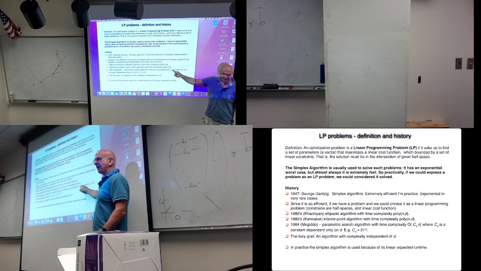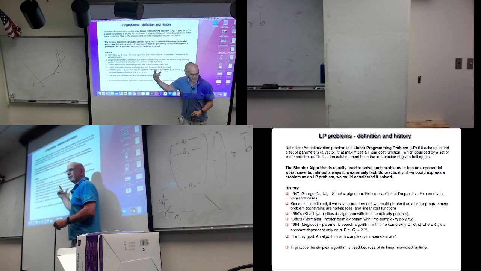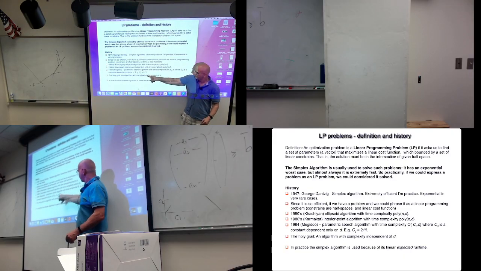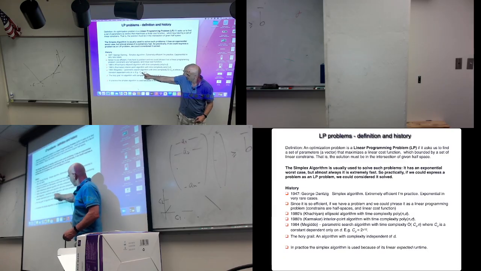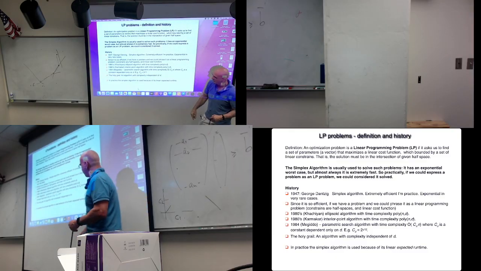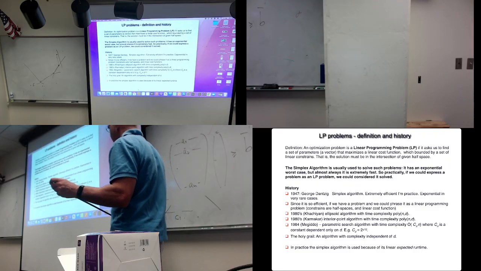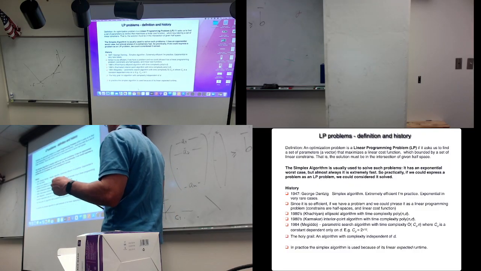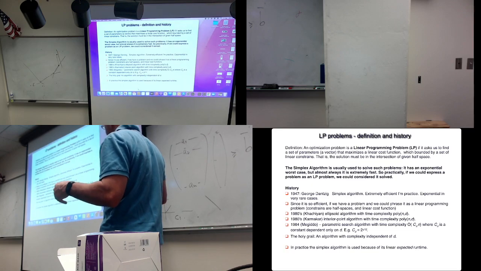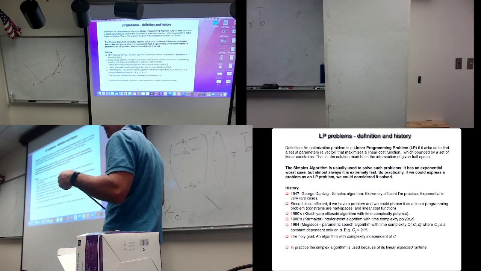But if you look at the dependency on the dimension, where dimension is how many types of foods you have, this dependency is 2 to the power 2 to the d squared. So it's really working only for very, very small dimensions and is very hard to implement.